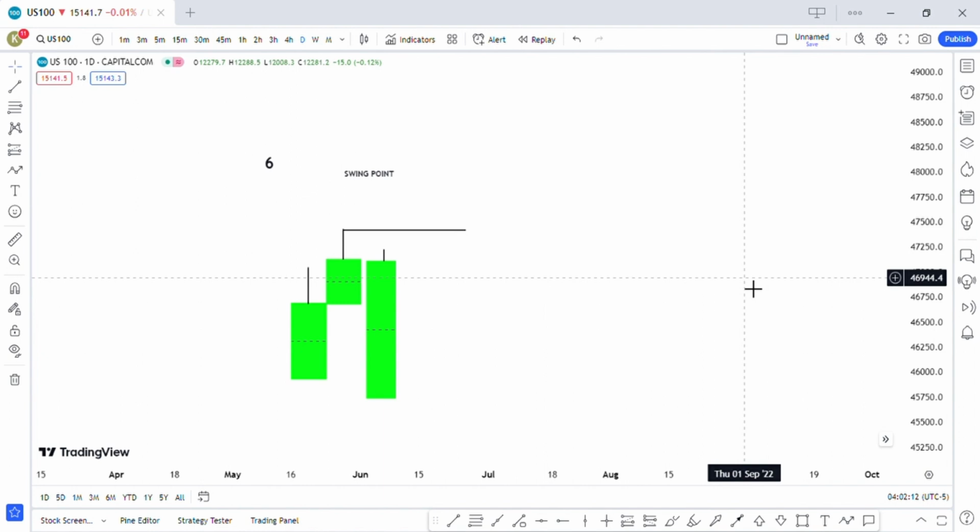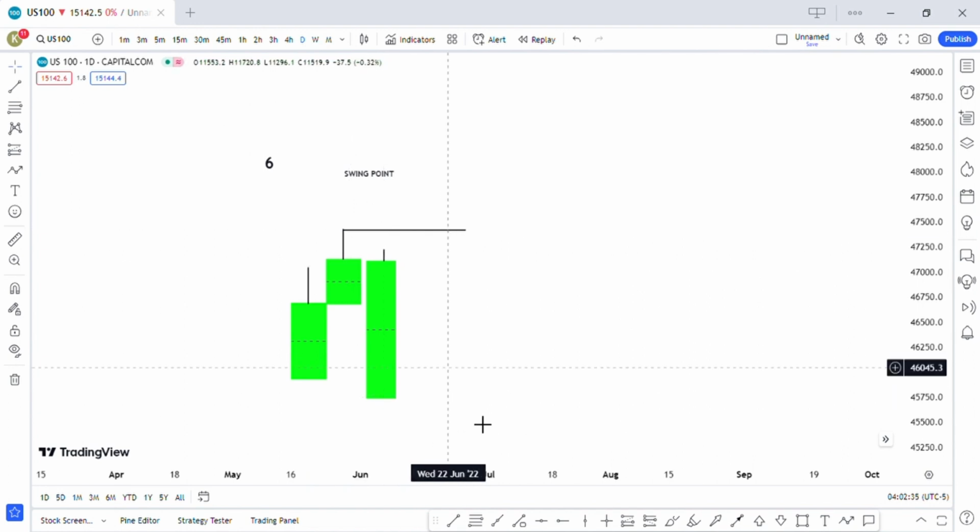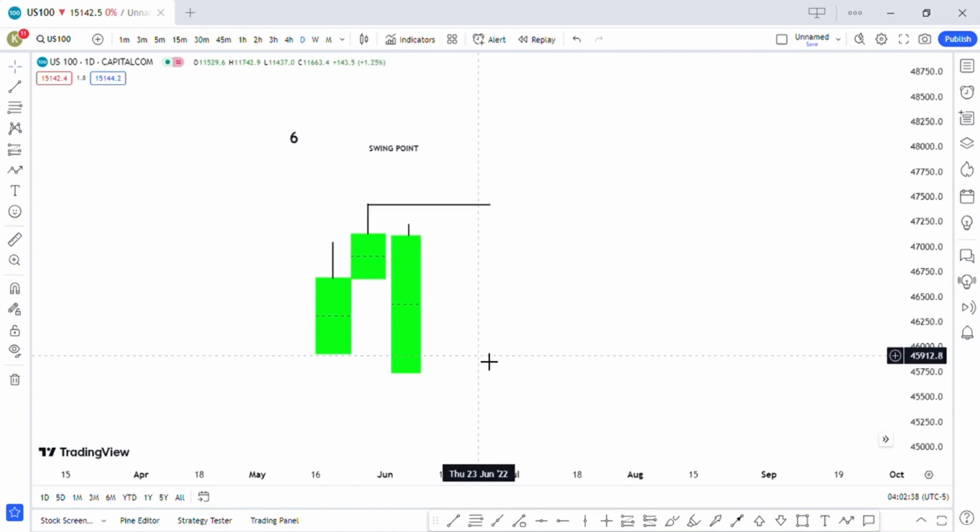Swing points can be used as a draw on liquidity because we know that above and below every swing point there is a pool of liquidity. So we now expect the market to take this liquidity.